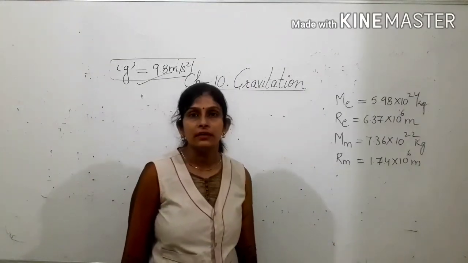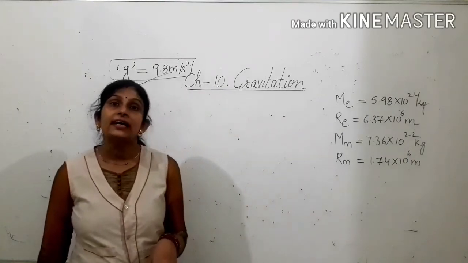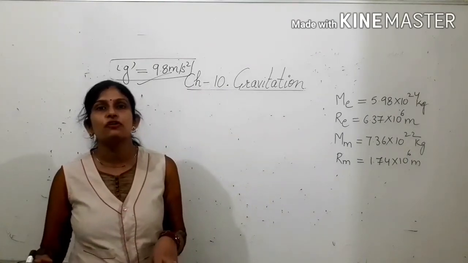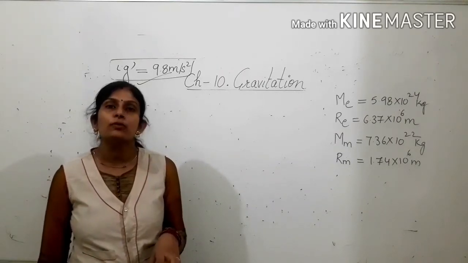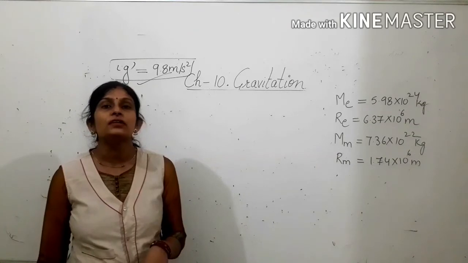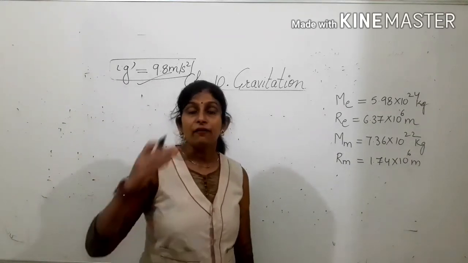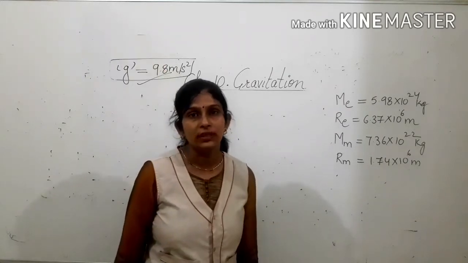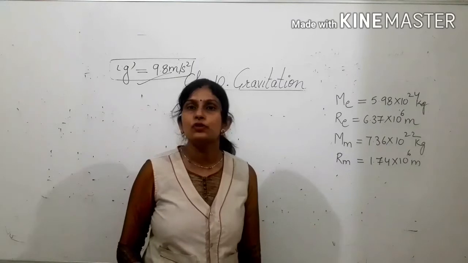As you have learned previously, if the object is on the surface of earth, then earth exerts more gravitational force on the object due to more mass. So the weight of the object on the surface of earth is more as compared to that of moon. And if the object is on the surface of moon, then moon obviously exerts less gravitational force due to less mass.